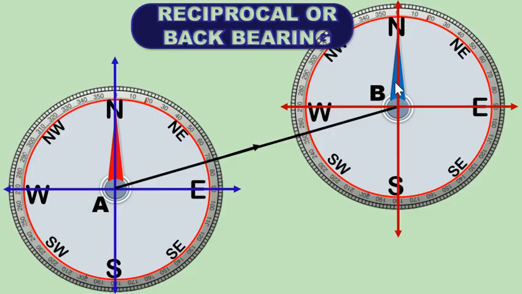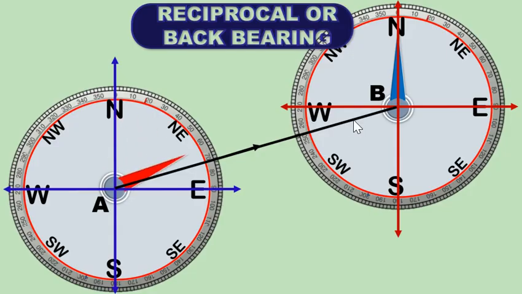Now, what of somebody at B looking back at somebody at A? Definitely it cannot be the bearing of B from A. It will now be the bearing of A from B. Now we're looking back. Starting from the north, we have to move all the way to the line joining A and B. That angle is the reciprocal or backward bearing.